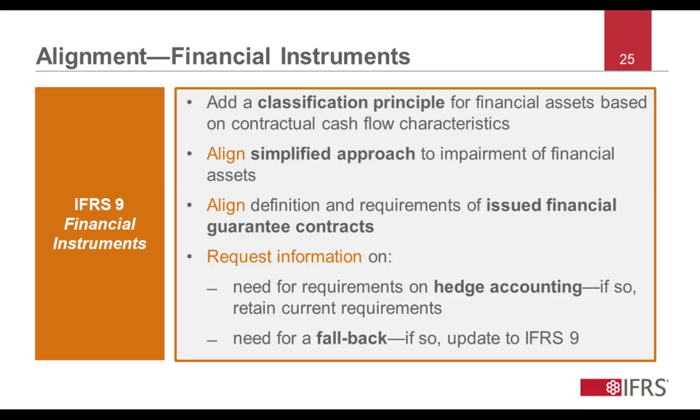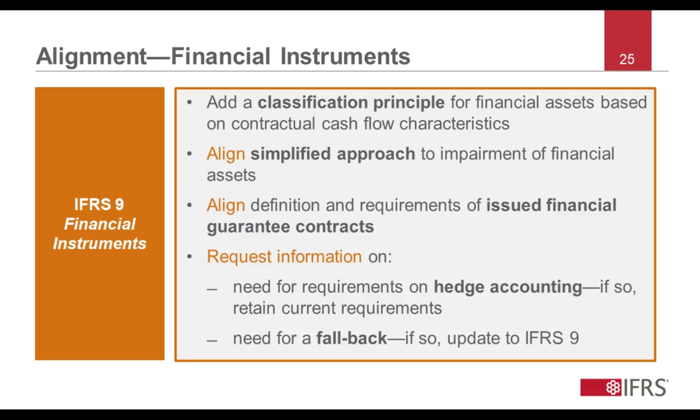And then finally, the board is requesting further information on what we call the fallback. So the IFRS for SMEs has just one fallback to full IFRS standards, which is that an entity can apply the recognition and measurement requirements of IAS 39 and then the disclosure requirements of the IFRS for SME standard. Now, we have two questions here because we'd really like to know how often that fallback is used.